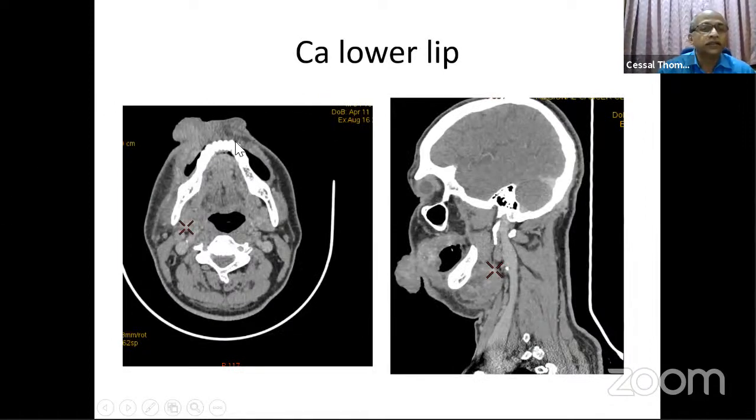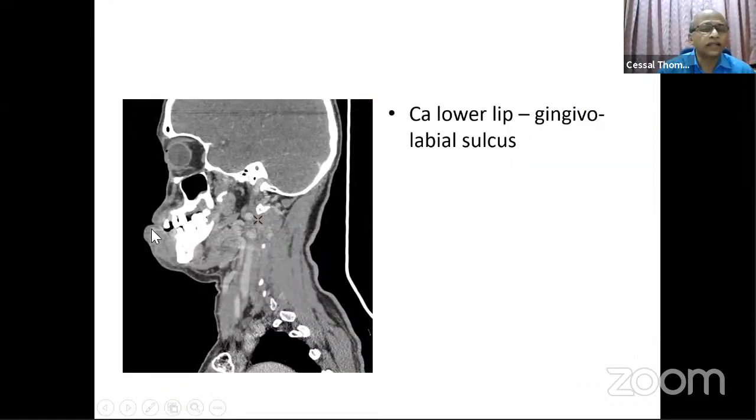And here there is a lobulated enhancing mass in relation to the lower lip. This is carcinoma lower lip, and in the sagittal plane you can see the mass.